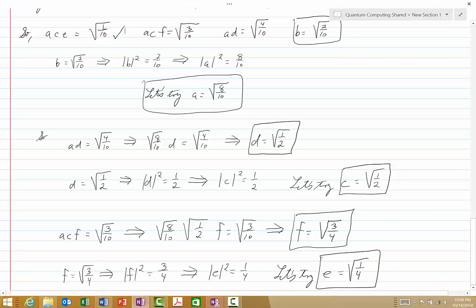Now what about ACF? Square root of 8/10 times the square root of 1/2 is the square root of 4/10, and then the square root of 4/10 times the square root of 3/4 will be the square root of 3/10, and that checks. So ACF is square root of 3/10. Now, what about AD equals square root of 4/10?